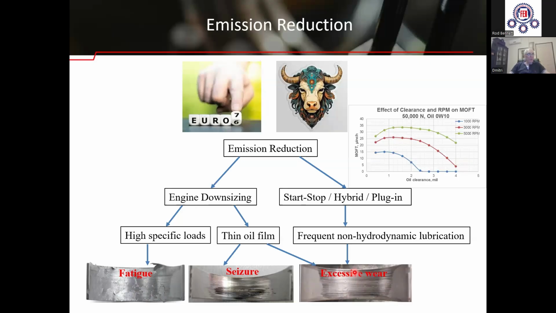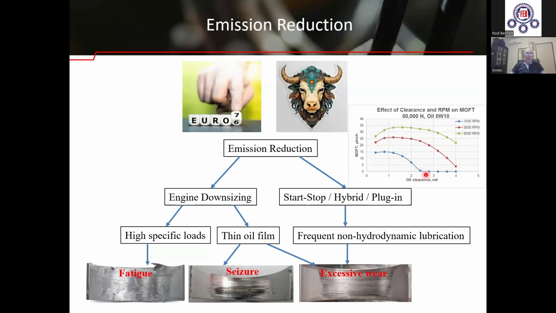In the start-stop engines, the conditions of low rotation speed are more frequent because if you look at this graph, you see the blue curve relates to the low rotation speed, and at some oil clearances, the value of minimum oil film thickness at low rotation speed becomes zero.